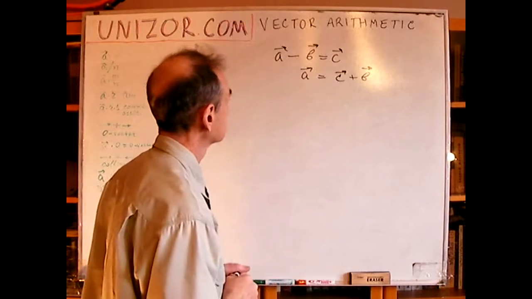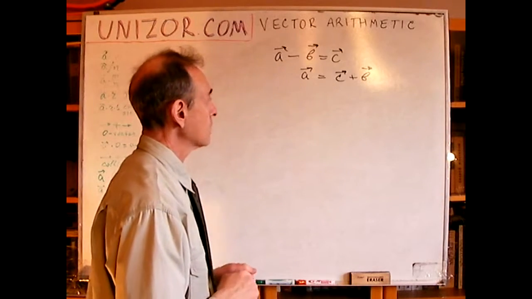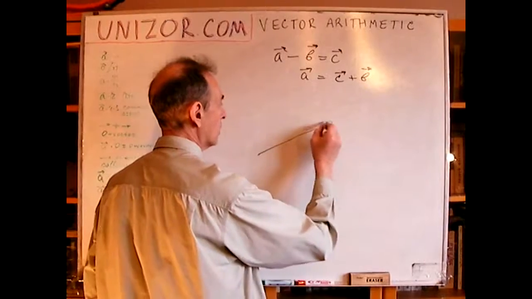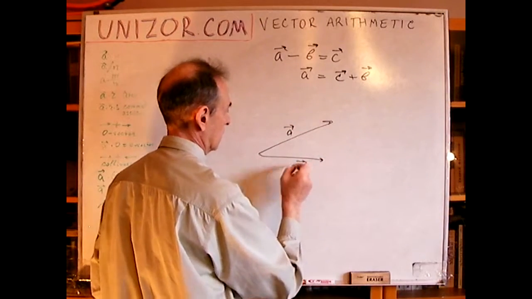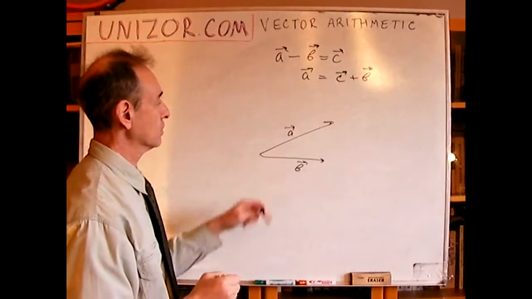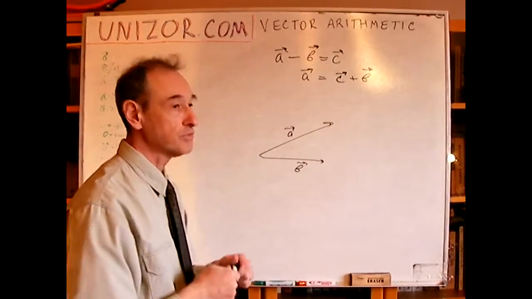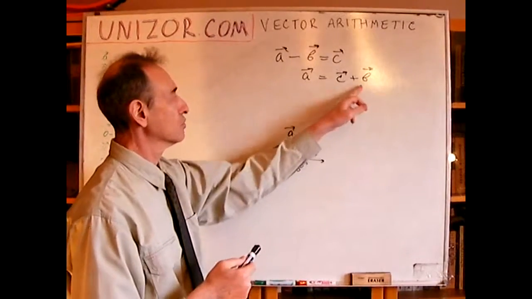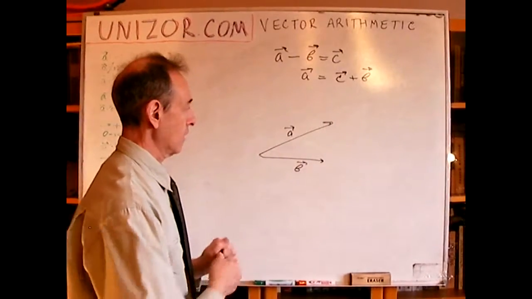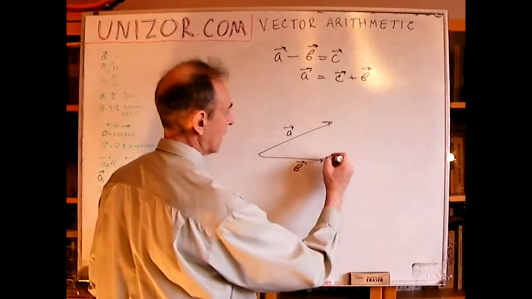If I want to subtract B from A, I would like to find out the vector which, if added to B, would give me A.